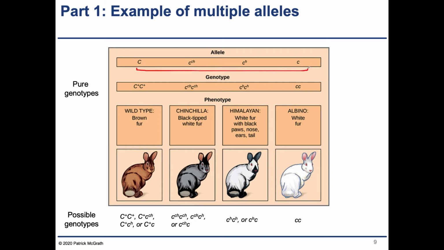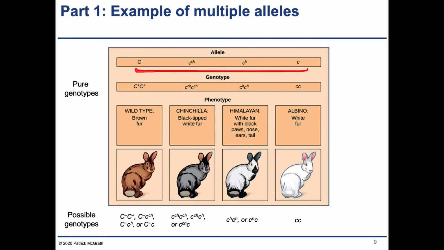So here is a case in rabbit fur. The color of the fur of rabbits is something we might be interested in, and researchers have shown that there are 4 different colors that the rabbits can have. They can have this wild type brown fur, so the rabbits are all brown.